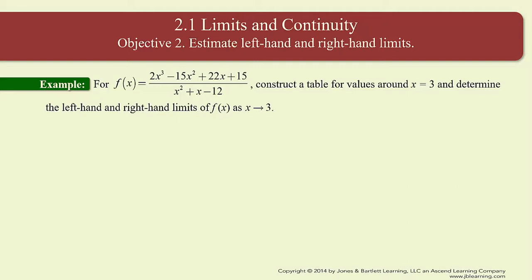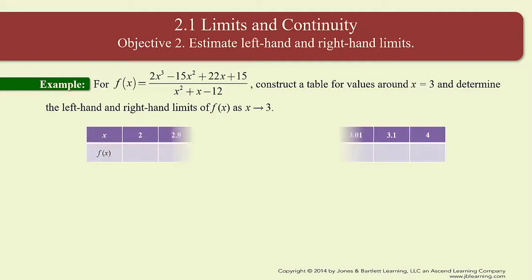For this one, here's the table of values for you. For this one, going to do something a little different. Why don't you pause the video and you do this example, see what you think the left-hand limit and the right-hand limit is. Once you've worked through this example, restart the video, and I'll be at the chalkboard discussing it, and hopefully you'll have it correct.